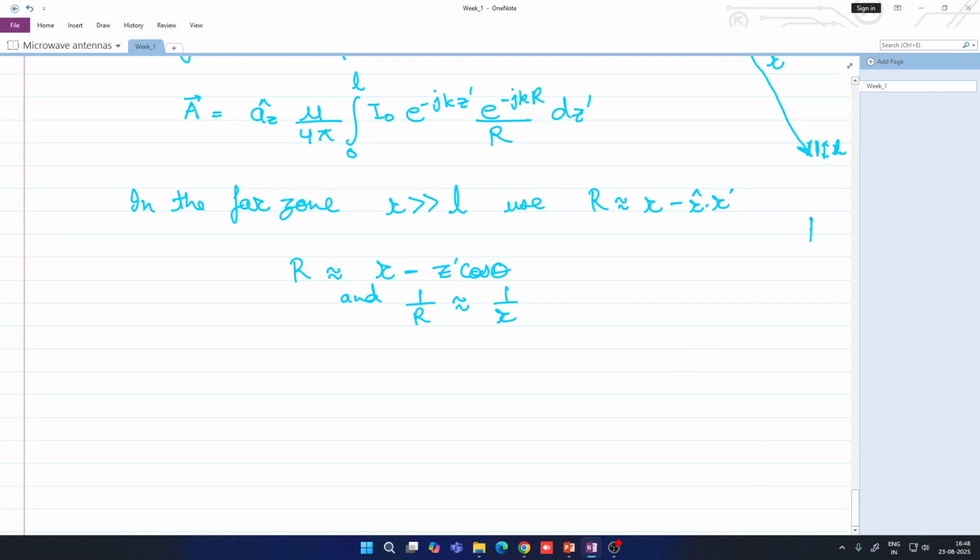Because if we take it from the center or from the top of the antenna, this r won't make any difference, because this distance is very small compared to these distances. That's why I'm considering 1 by r as approximately 1 by r. Also, e to the power minus j k r can be written approximately as e to the power minus j k r and e to the power j k z prime cos theta, because I'm writing r as this.